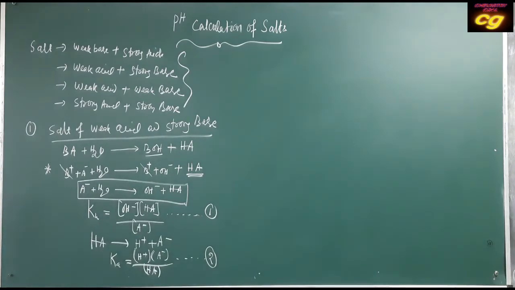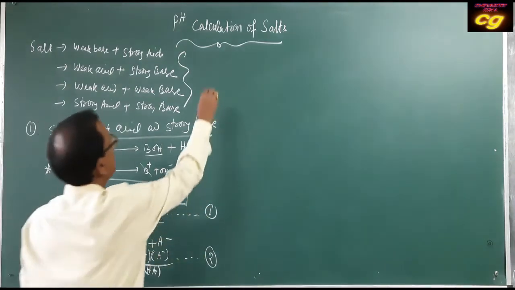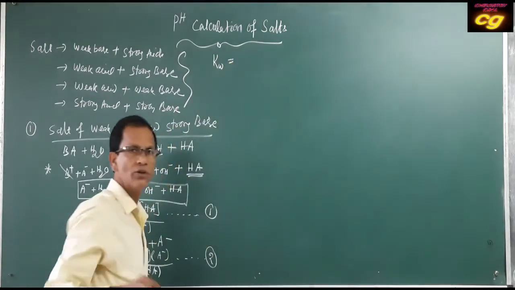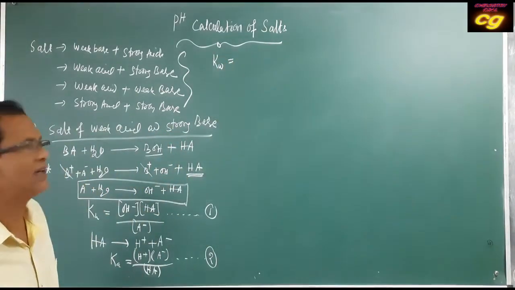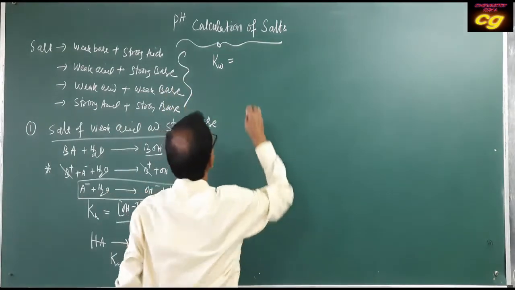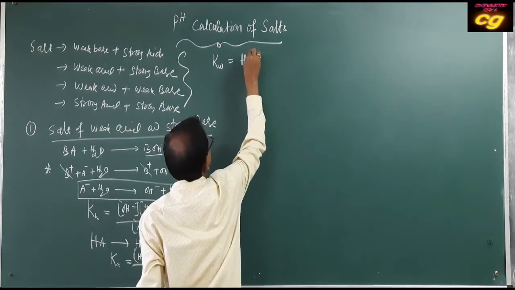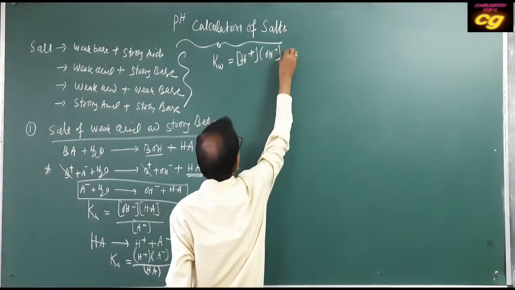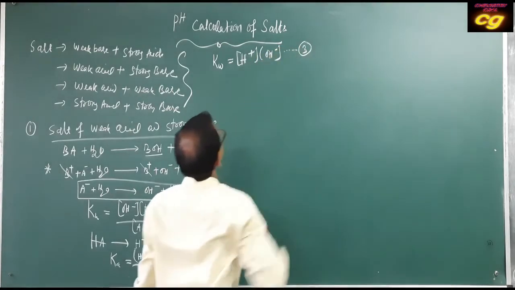Then we know that Kw for any solution, whether acidic or basic, is always equal to H plus concentration into OH minus concentration. Let it be equation 3.